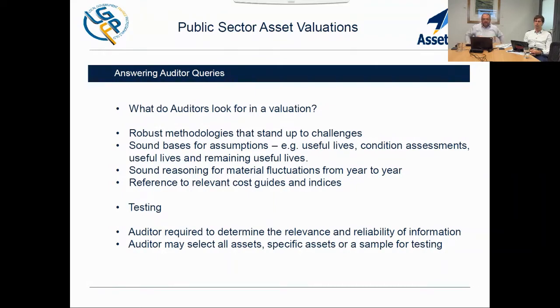Auditors have a few means at their disposal for testing. They can test for the relevance and reliability of information, and they may select all assets for testing or specific assets or a sample. Given that most councils in Queensland have fairly large asset portfolios, we tend to find that auditors will pick either a specific asset or a sample.